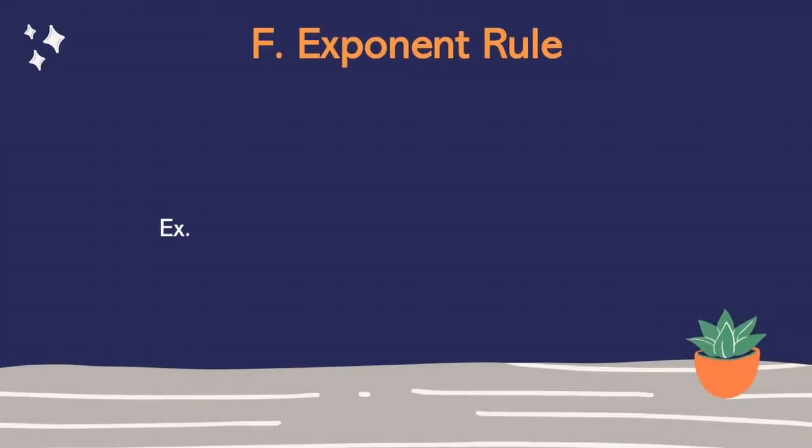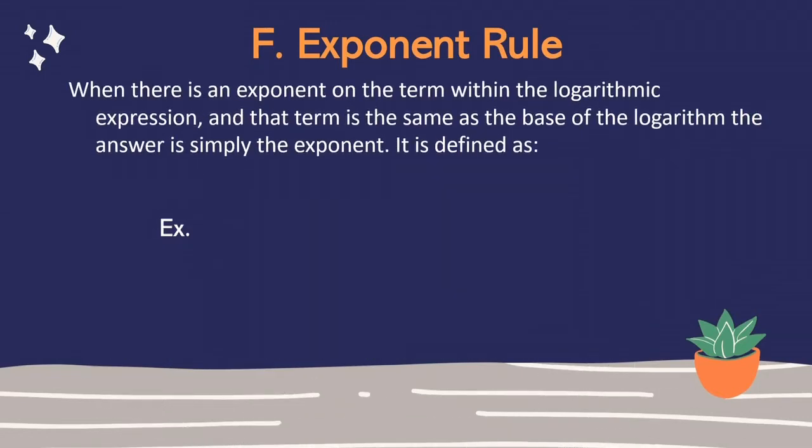For the next property, we have the exponent rule. When there is an exponent on the term within the logarithmic expression, and that term is the same as the base of the logarithm, the answer is simply the exponent. It is defined as the logarithm of a raised to the power of b to the base of a is equal to b. For our first example, we have the logarithm of 3 raised to the power of 4 to the base of 3 is equal to 4.